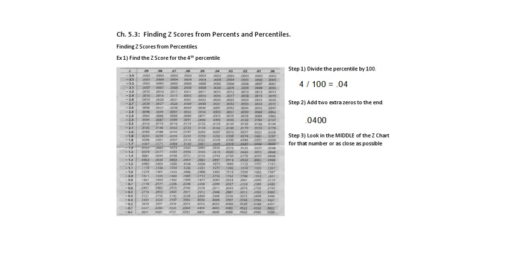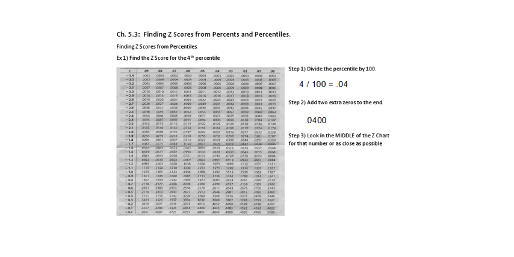So I'm writing it as 0.0400. This is okay because in math, after the decimal, you can write as many zeros at the end as you want. It doesn't matter. But I wrote enough zeros because I want this to be a 4-digit number. The reason? Everything in the middle is a 4-digit number.